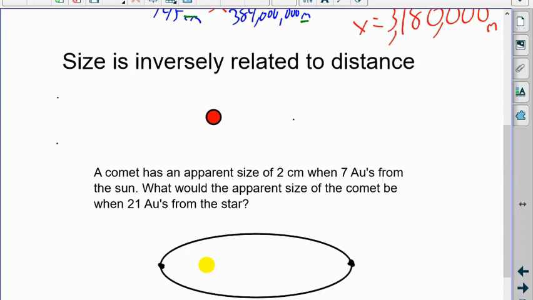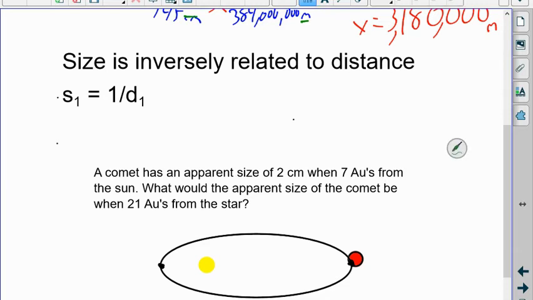What would the apparent size of the comet be when 21 AUs from the star? When it's big, that would be when it's here, and when it's over here, that would be when it's smaller. So I could write the formula like this: the size in position 1 is inversely related to its distance.